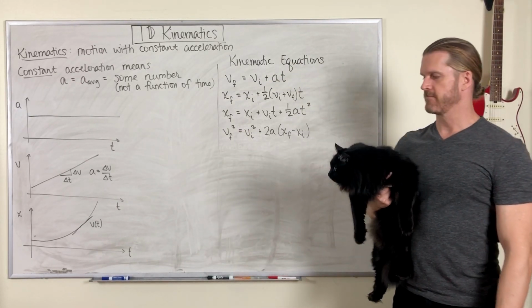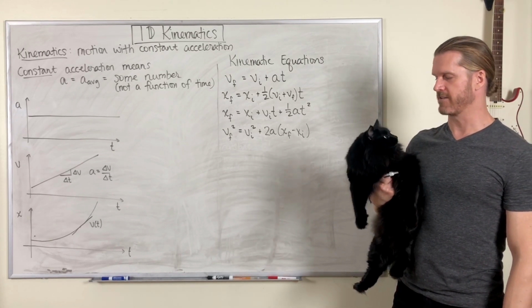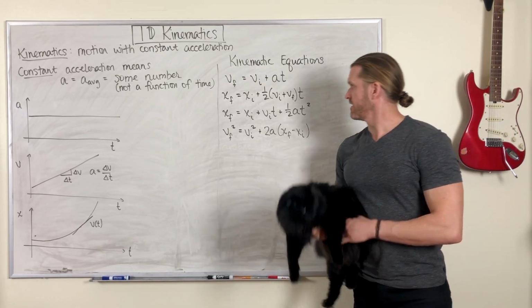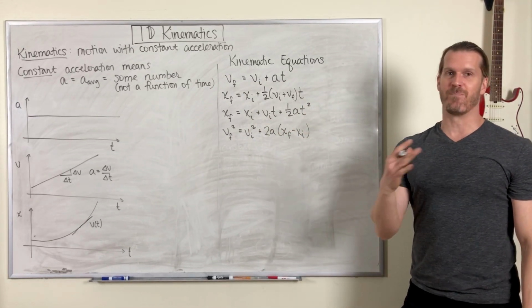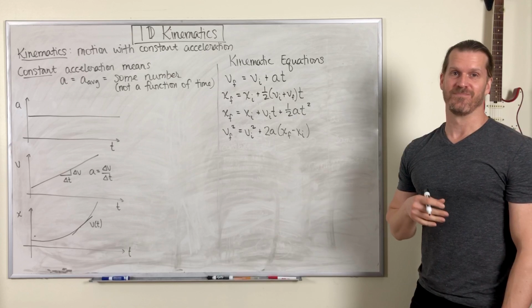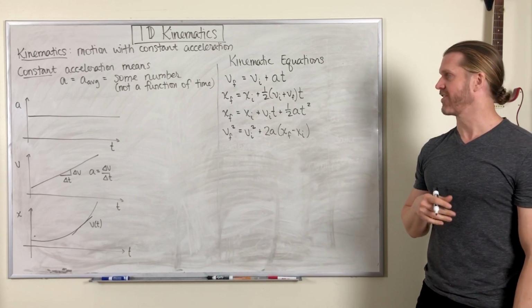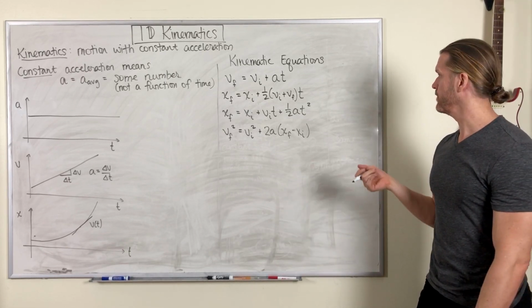And this is Spike. He likes the kinematic equations. You don't have to memorize these equations, but I bet that you will have some of them memorized by the end of this class because we're going to use them all the time.